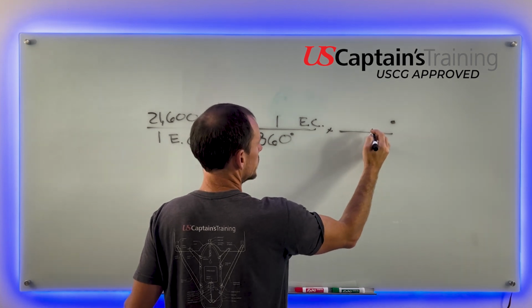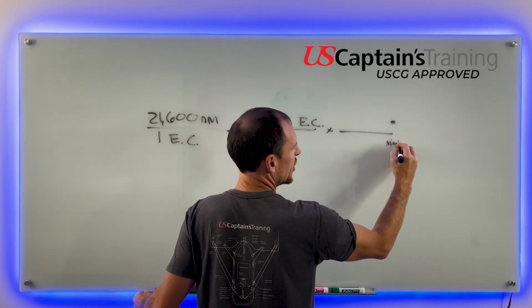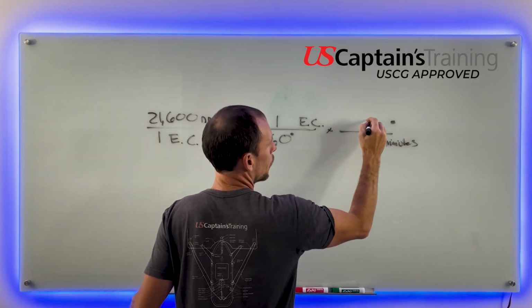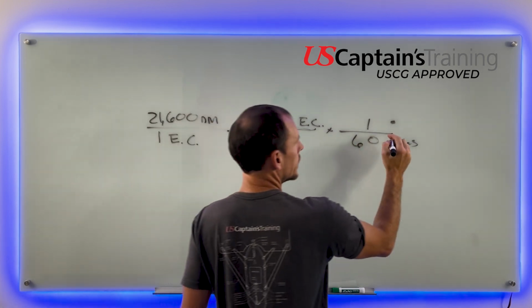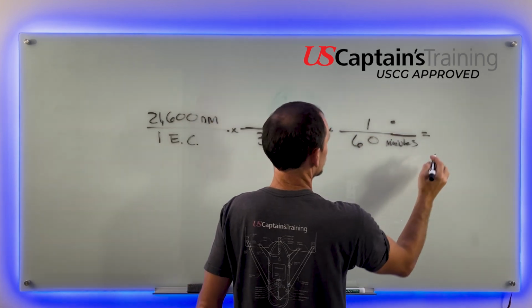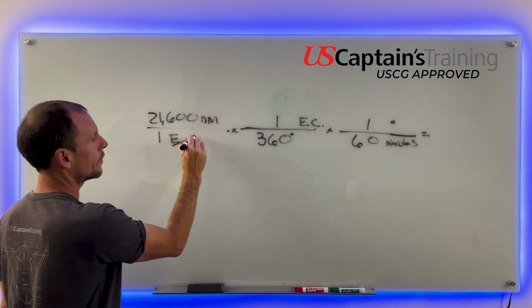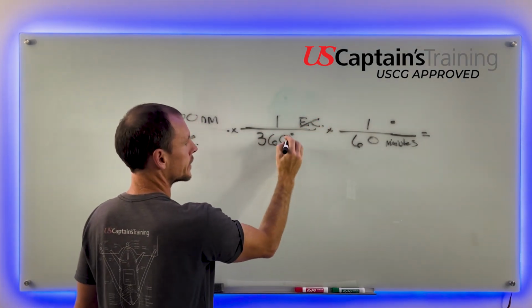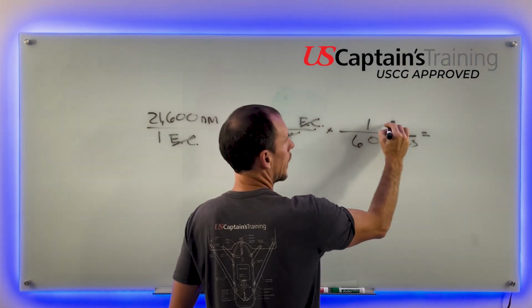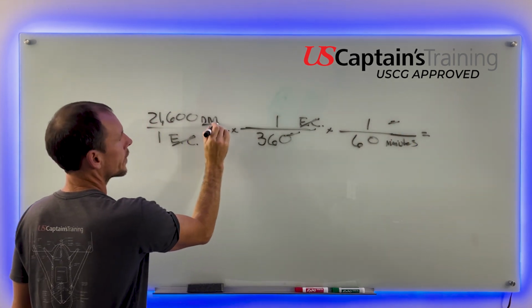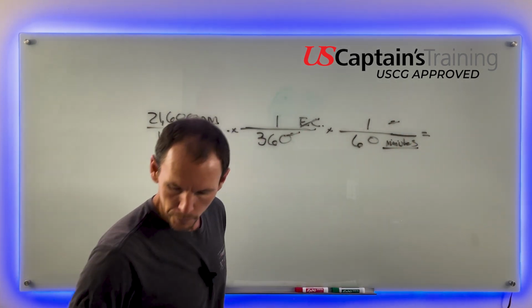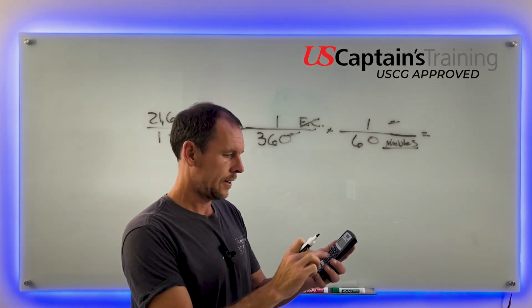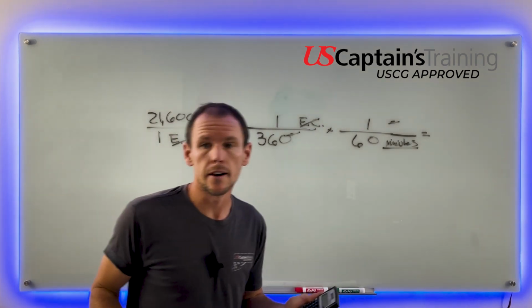So degrees, minutes. So in 1 degree, there's 60 minutes, okay? And now what do we get? So we should get Earth's circumference cancels, degrees cancel, and we're left with nautical miles over minutes. What does that look like if we put it in our calculator? I'm going to come show you.